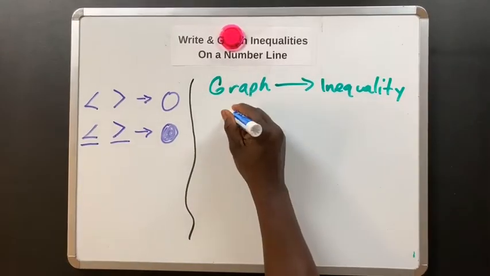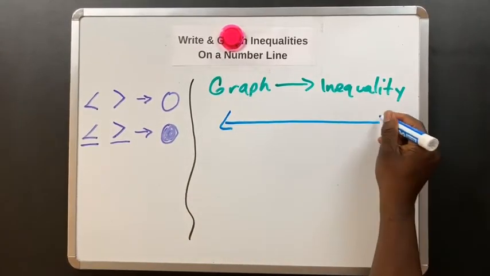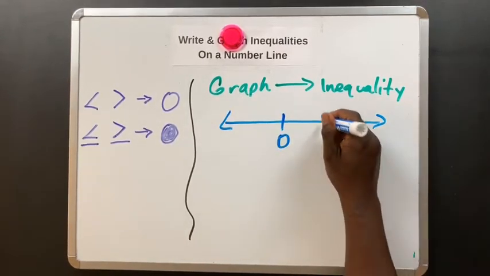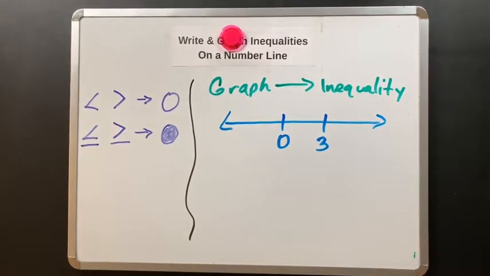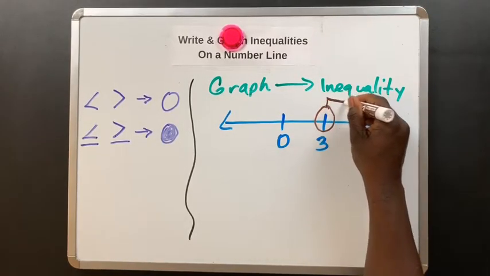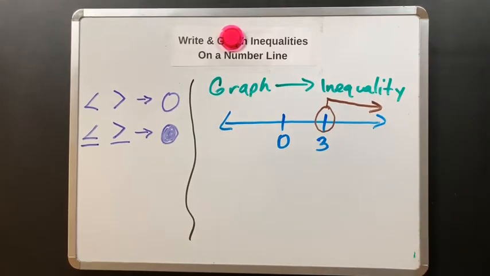So here is the number line, or the graph rather. Now what we need to do is write the inequality sentence. If you don't want to use x, that's okay.